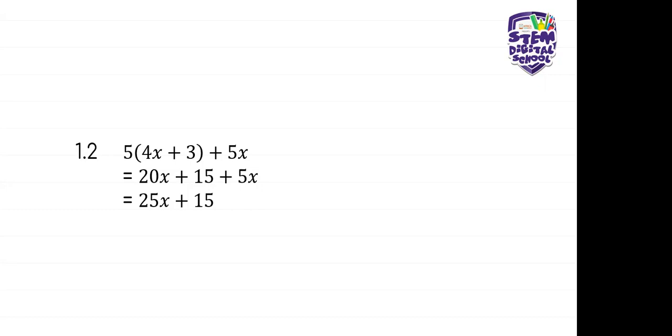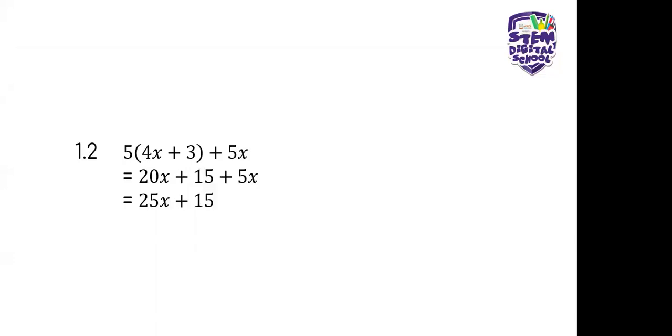So you'll have a constant there as well as a variable. The variable meaning 25x. So the final answer there will be 25x plus 15. So this is what we mean when we talk about simplifying the expression.